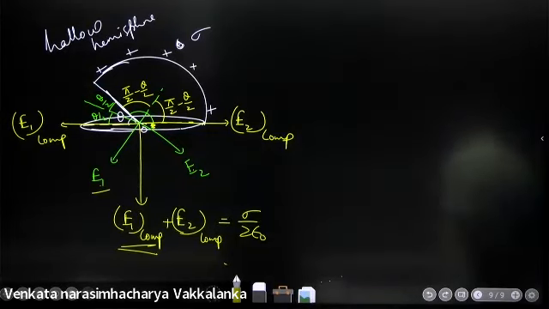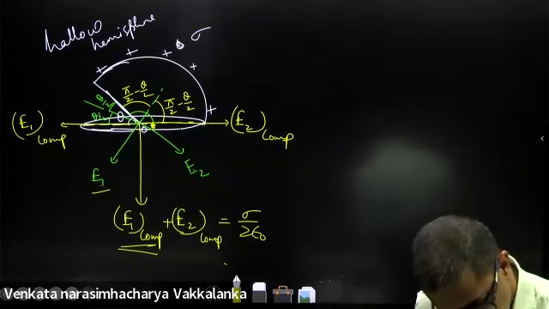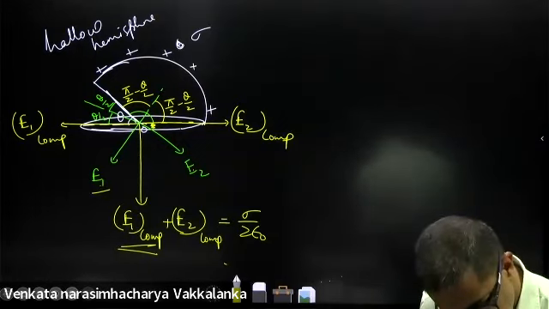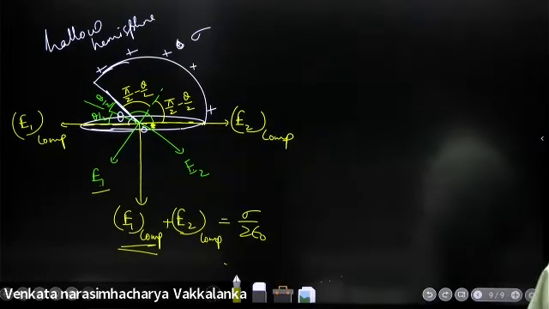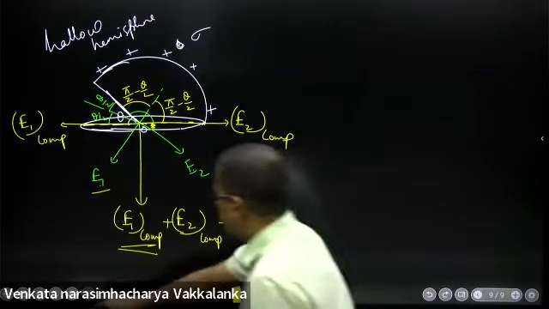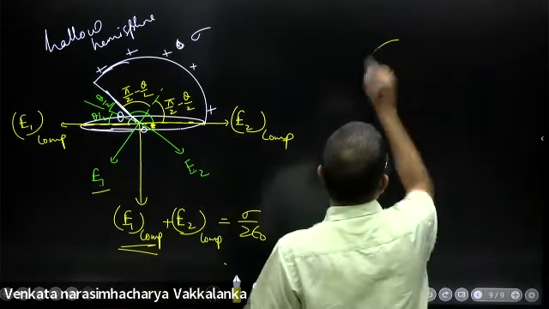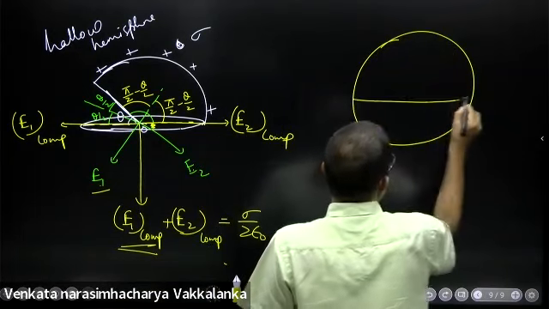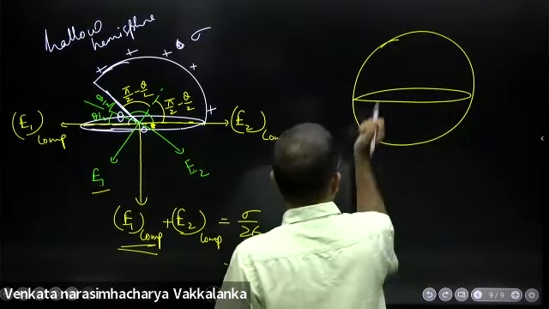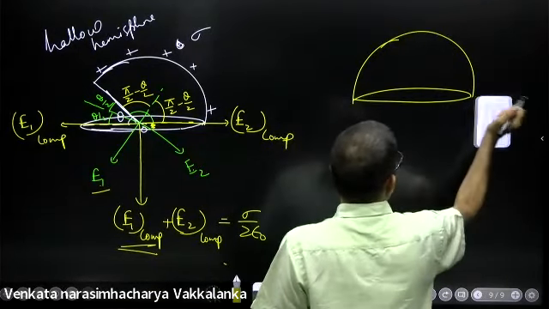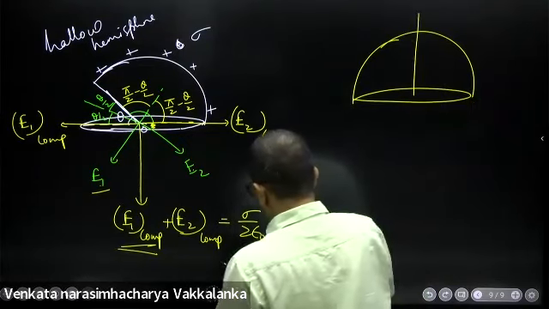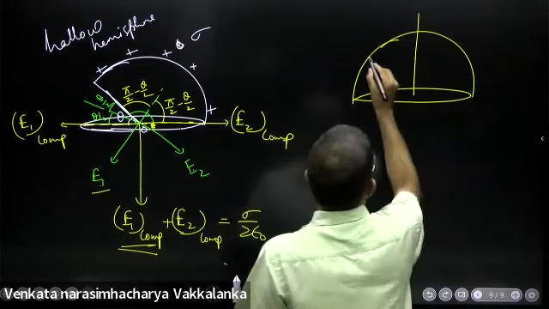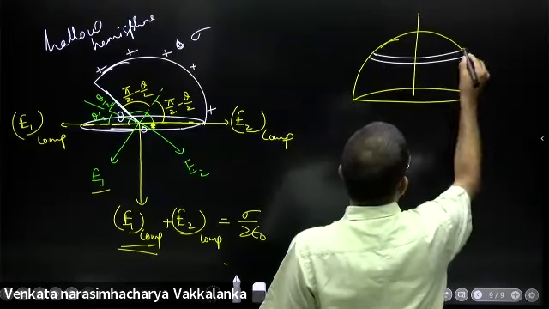So the sigma by 2 epsilon naught part is just derived by integrating the rings. Exactly. You are supposed to remember that expression. The sigma by 2 epsilon naught you will get by taking the field due to a ring. Consider an element.